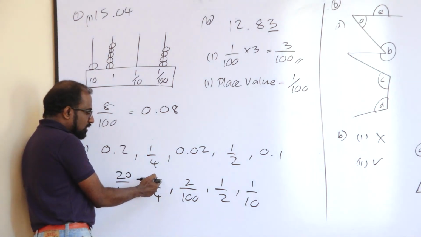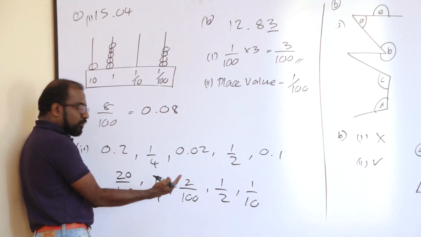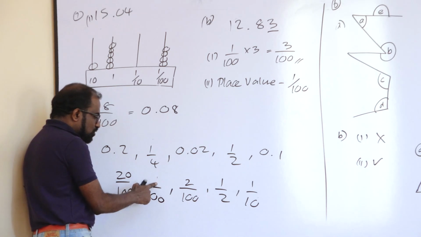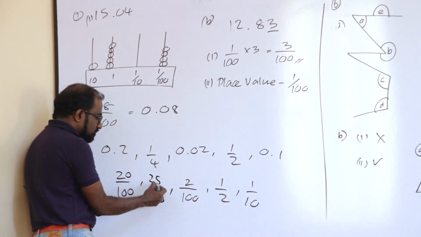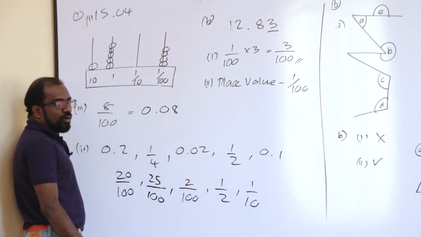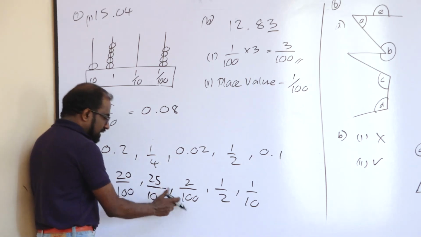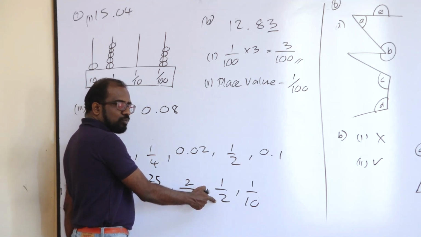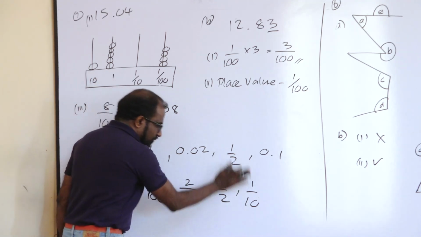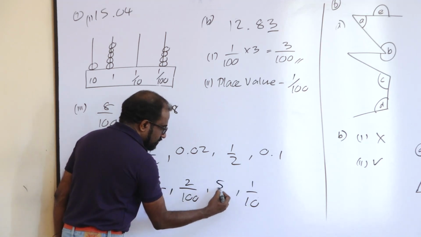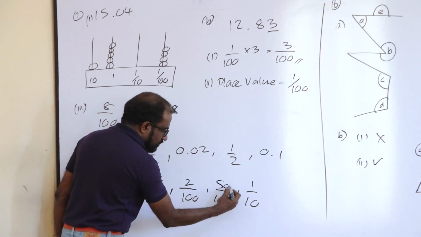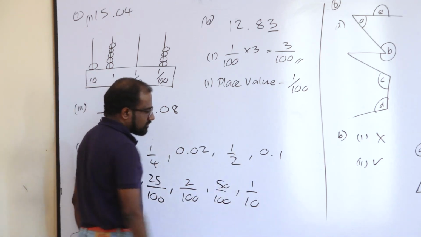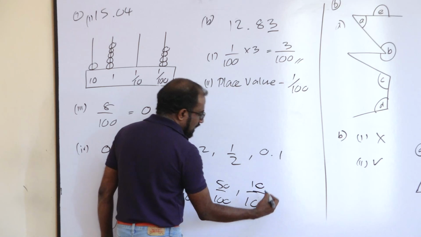Multiply both numerator and denominator by 25: 25/100. 1/2 is 50/100. 1/10, multiplying by 10 again, is 10/100.